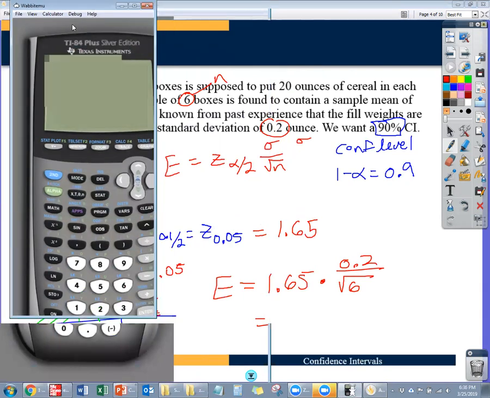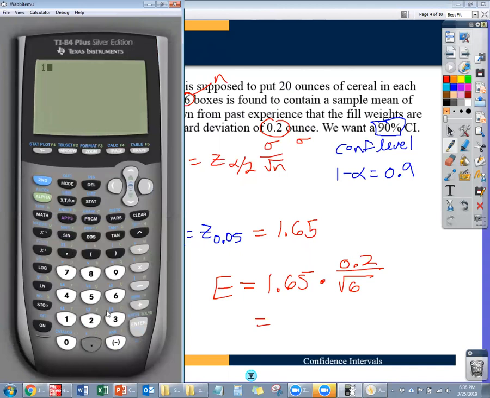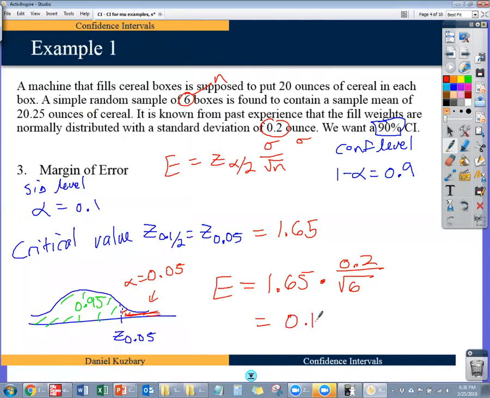Let's do 1.65 times 0.2 over the square root of 6, all at once, in parentheses. And I get 0.1347. I'll round that to 3 decimals: 0.135. That's my margin of error.